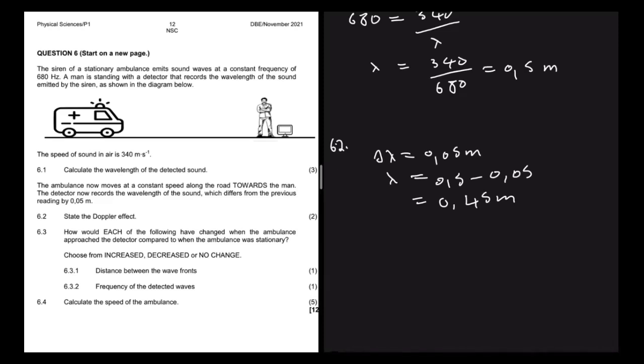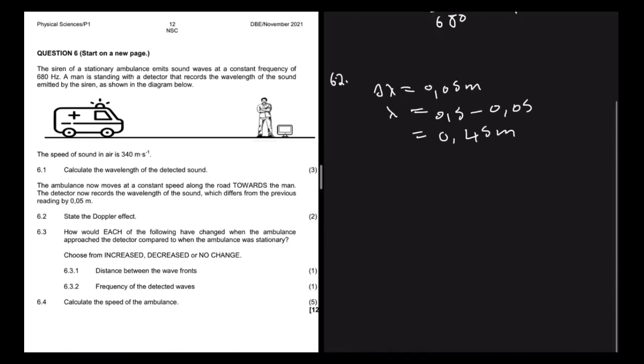This definition is just basically the formula, really.